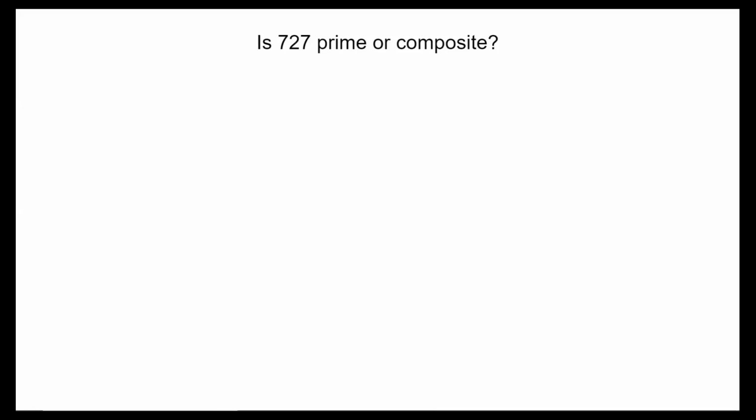Okay, now everybody is saying prime. And you are right, this is prime. So if you wanted to write the prime factorization of this, the only thing you could write is 727 equals 1 times 727.